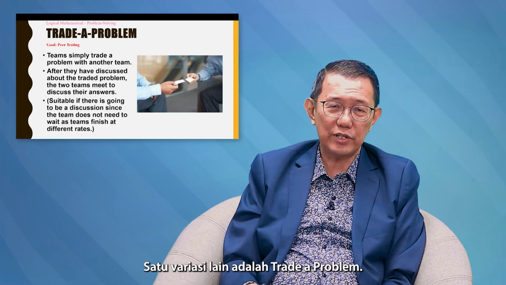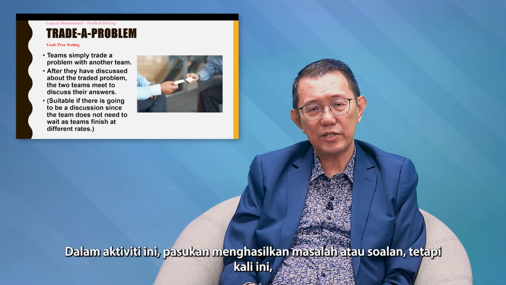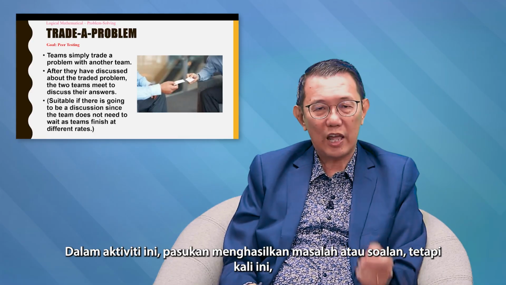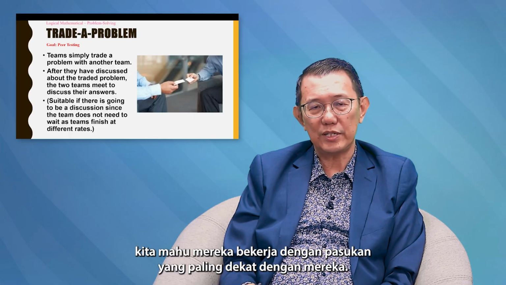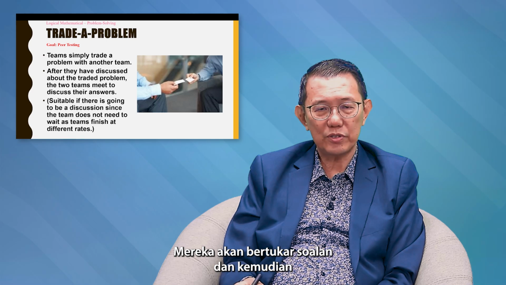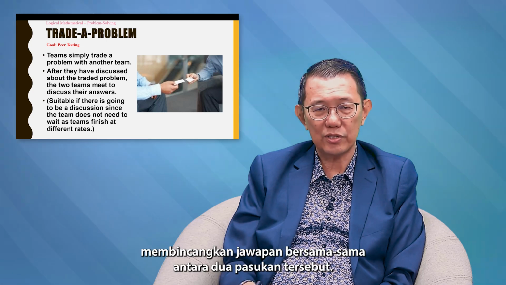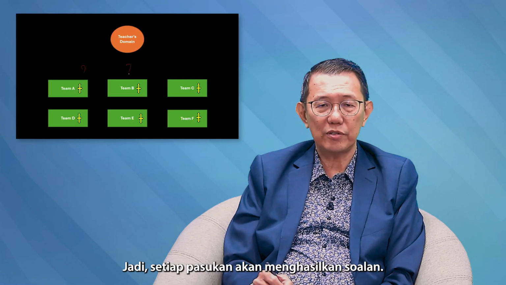Now, a variation of this is Trade a Problem. Again, the teams will generate a problem or a question, but this time we want them to work with the team nearest to them. They will exchange problems, and then discuss the answers within the two teams. So each team will generate a question.